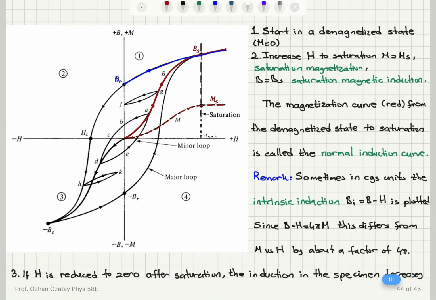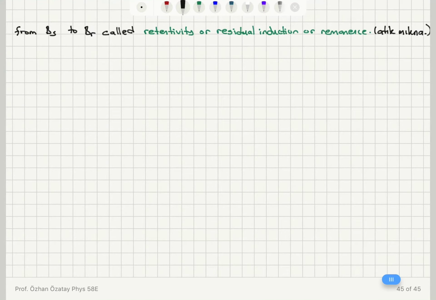Now, as a fourth step, if H is then reversed, if we apply a negative magnetic field, what will happen?